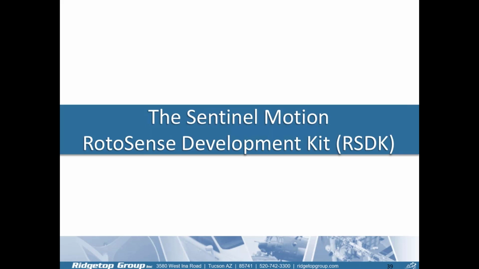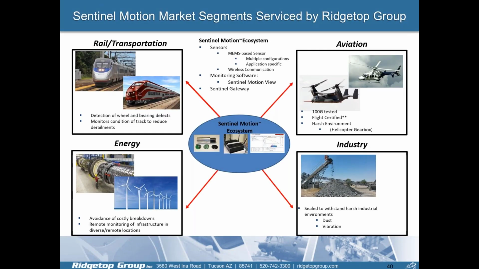So the Sentinel Motion RotoSense Development Kit, or the RSDK as we know it, is something we deploy and offer to our customer base to start interacting with this IoT sensing system and looking at different types of applications. We've deployed this in several different market areas, so obviously in the rail and transportation area. We're also in the energy sector in wind turbines, aviation, as in some of the gearbox analysis that we were doing with NASA, and then also in industry and mining, conveyor systems and whatnot.